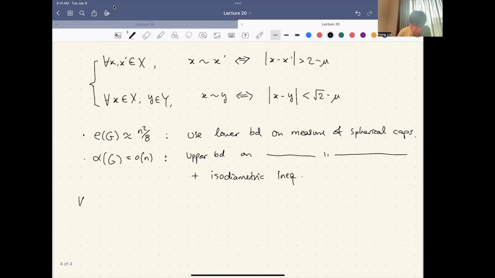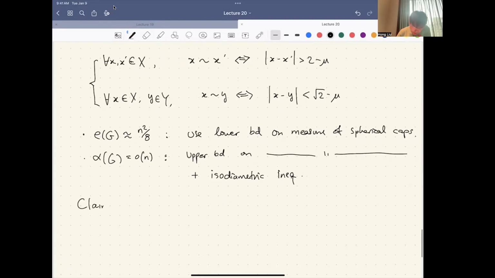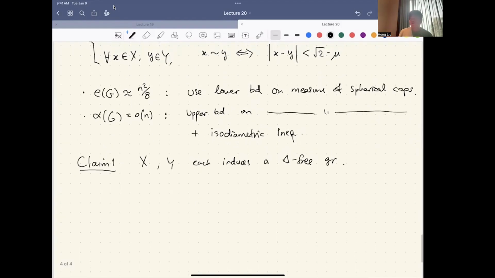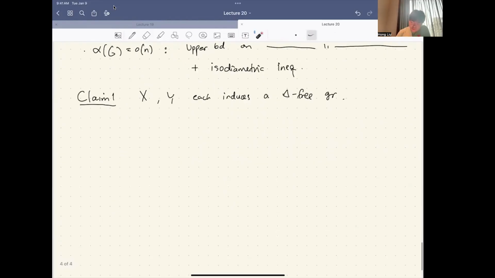Now let's show that it's K4 free. Claim 1. The induced graphs X and Y each induce a triangle free graph. X and Y are symmetric, so let's just prove X. As I said, the proof is intuitive.